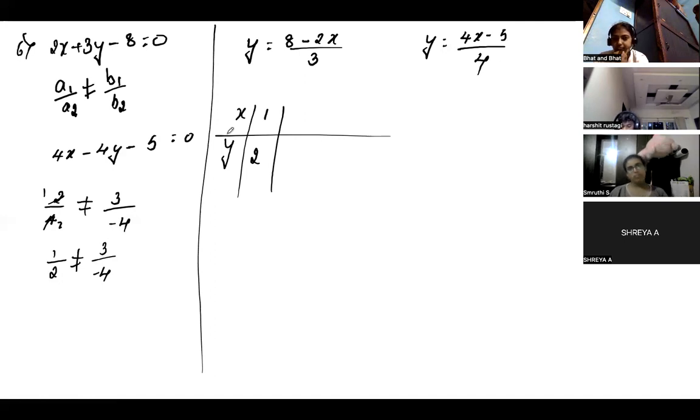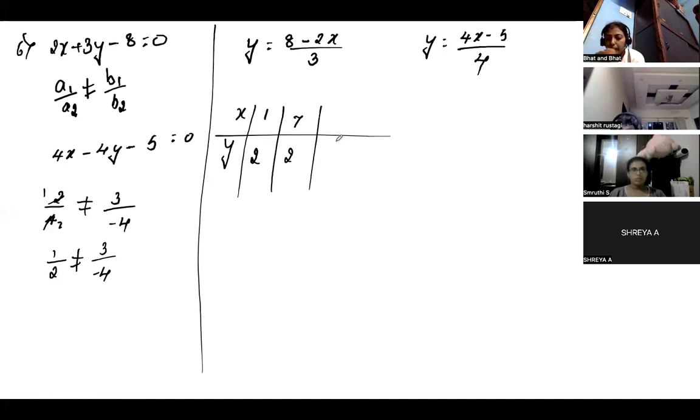Let us take x is 3: 6, 8 minus 6 is 2, not possible. 4 also no, 5 also no. 10, 8 minus 10 is minus 2, no. 7? Yes. If you take 7, 7 twos are 14, 8 minus 14 is minus 6, upon minus 3, you will get 2. So 7 and 2.